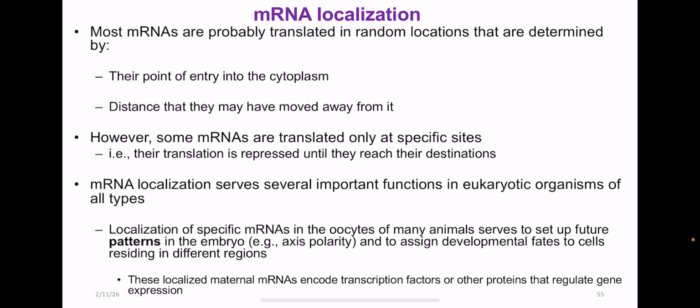So which part of the nucleus did they exit from, and where in the cytoplasm did they enter, and also the distance that they may have moved away from the nucleus. So probably these two points are going to determine where the mRNA is going to be translated, like randomly. However, mRNAs are translated at only specific sites. As I said, they have to localize. That means they have to be transported to wherever they function specifically.